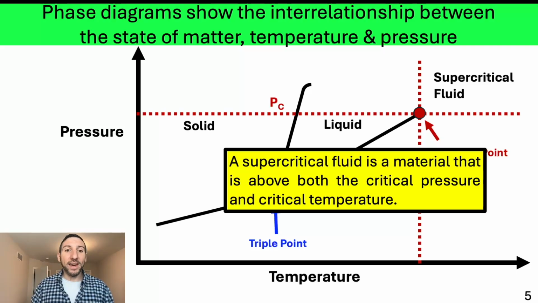And one example of that is using supercritical carbon dioxide to extract caffeine from coffee beans. And I know exactly what you're thinking, like, whoever would want to decaffeinate coffee? Well, I would. I very much appreciate it. But that's a topic for another day. But anyway, supercritical fluids are really important and have certain applications in industry.